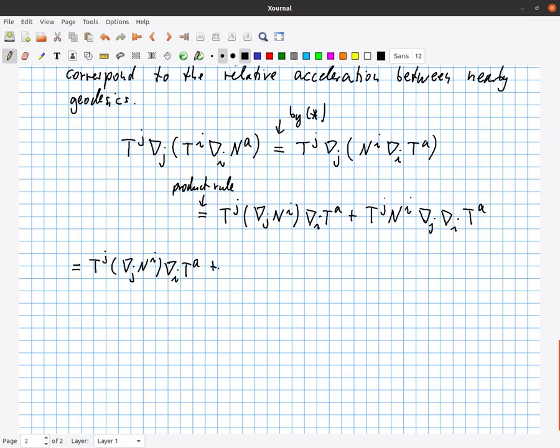Well, I can recall that ∇_j ∇_i T^a minus ∇_i ∇_j T^a is minus the Riemann curvature tensor. Hence, I can swap those indices around.